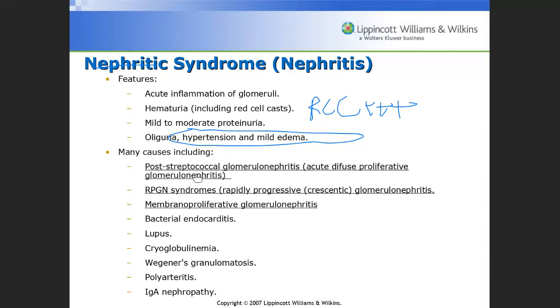Now, if complement is normal, then you have to think of whether ANCA is present or absent. If ANCA is present, then it's more of a disorder related to the blood vessel, Wegener or polyangiitis. If it's not, then think of Goodpasture. And Goodpasture links to rapidly progressive glomerulonephritis, also known as crescentic.